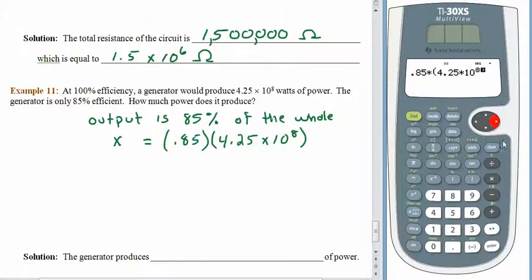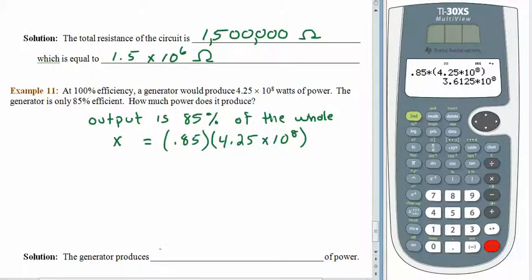Come out of the exponent, close the parentheses. There we go, 3.6125 times 10 to the 8th, and those are watts of power.